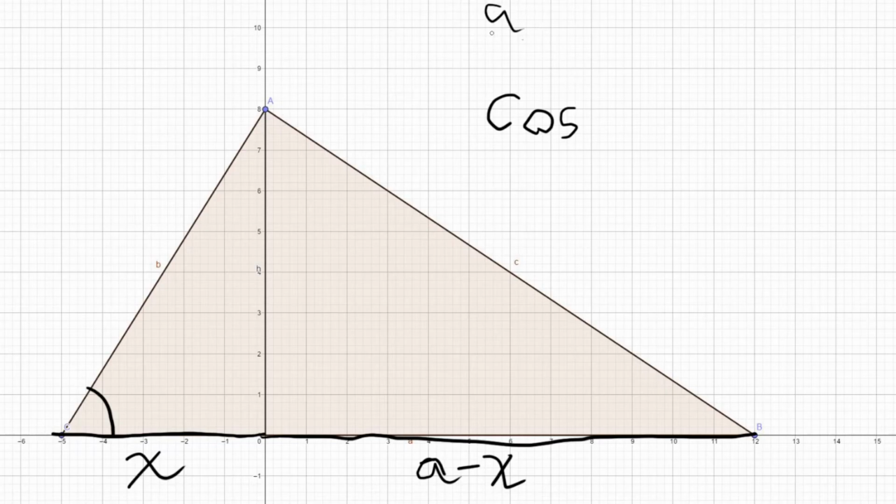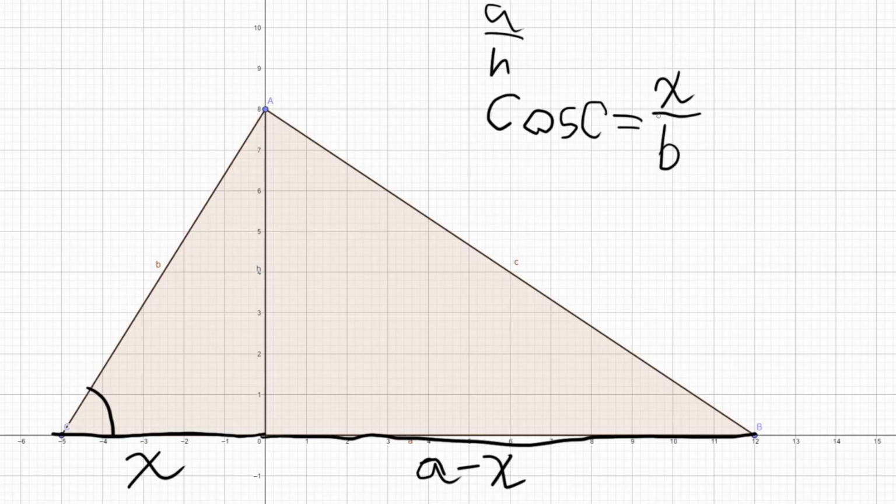Our adjacent is x. So we can say that cosine of c is equal to our adjacent, which is x, over our hypotenuse, which is b.